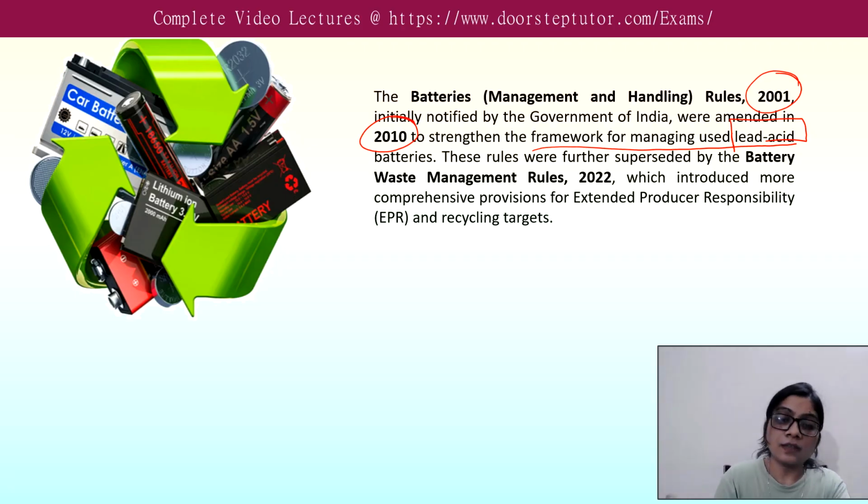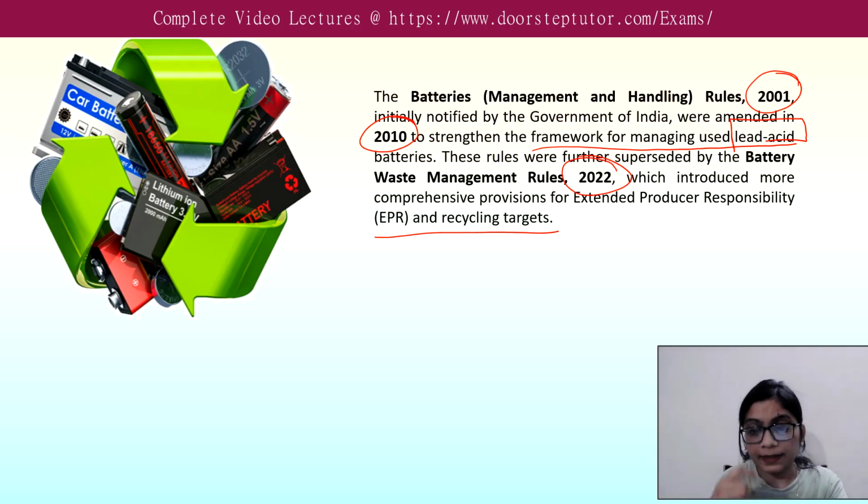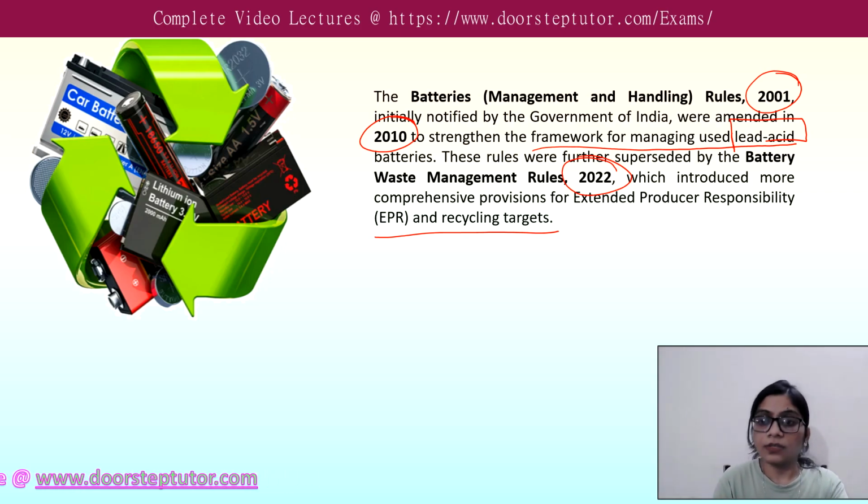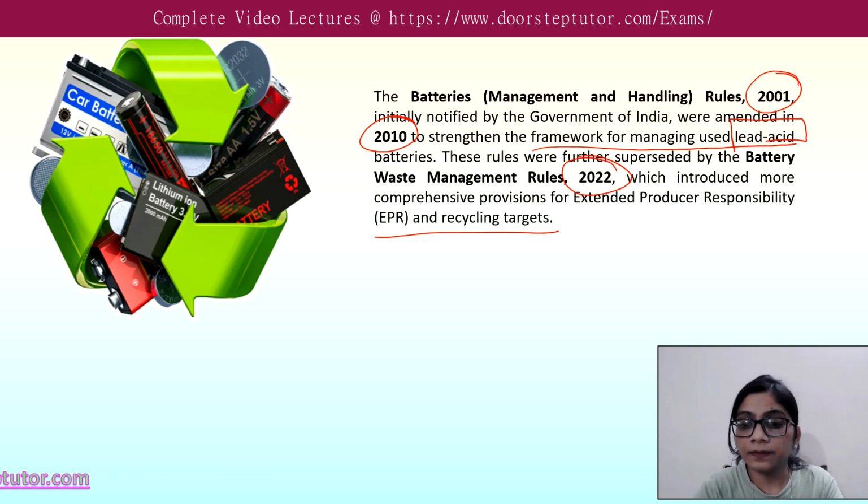And then further we have this amendment that came in the year 2022. So this actually introduced EPR and recycling targets additionally. Okay, so let's see them one by one.